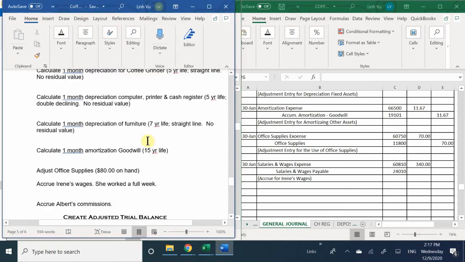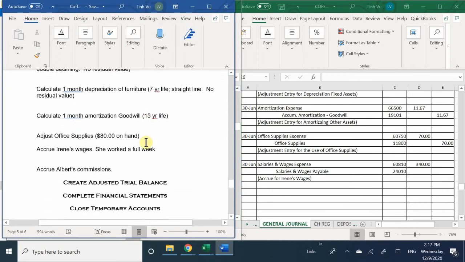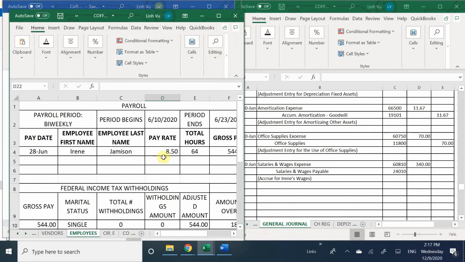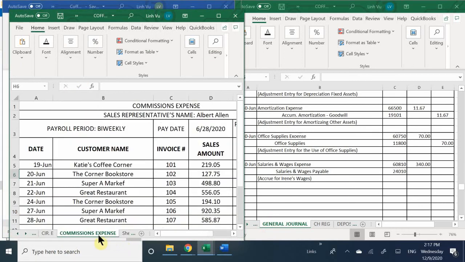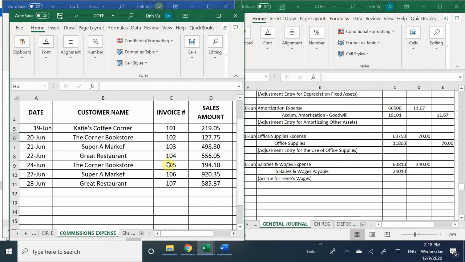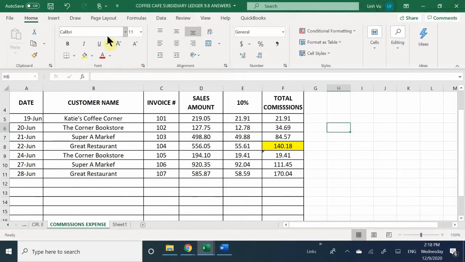Last but not least, it says here we're also going to accrue for Albert's commissions. So you will need your subsidiary ledger and go to commissions and see how much I owe Albert as of the 30th of June. $300.90.